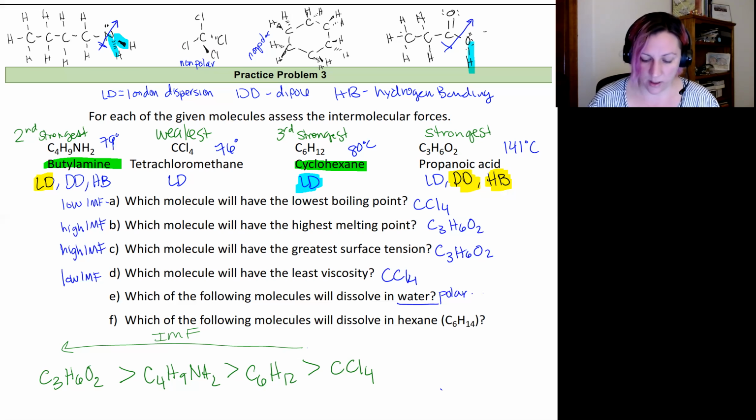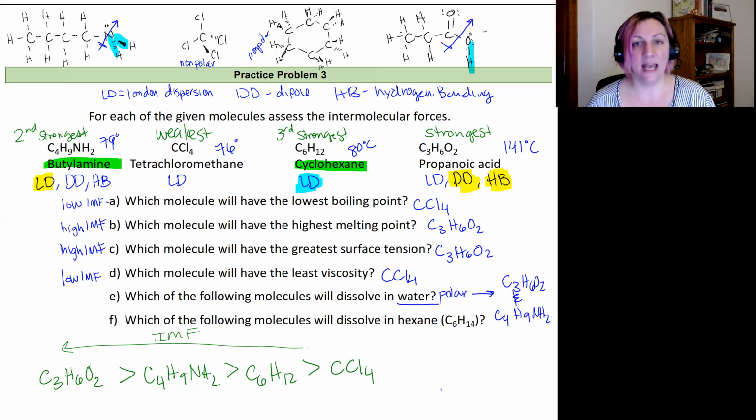So for this one, it's going to be both. And then for the next one, which of these will dissolve in hexane? Hexane is just a nonpolar molecule, so it'll just have London dispersion forces. So the molecules with only London dispersion forces, no dipole-dipole, no hydrogen bonding, will be the ones that dissolve in it. And so I've got two for this one as well. I've got our cyclohexane, and I have our tetrachloromethane.